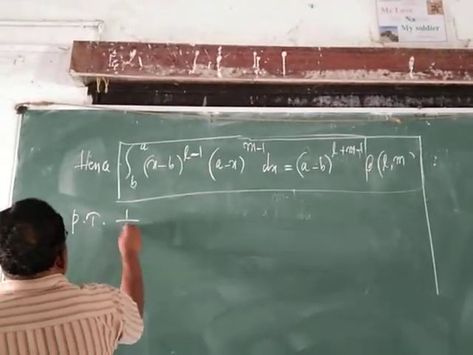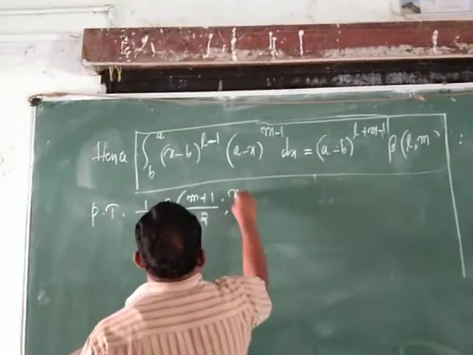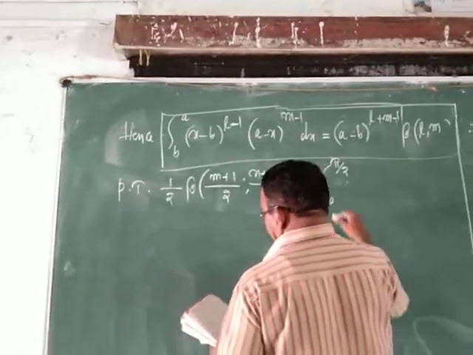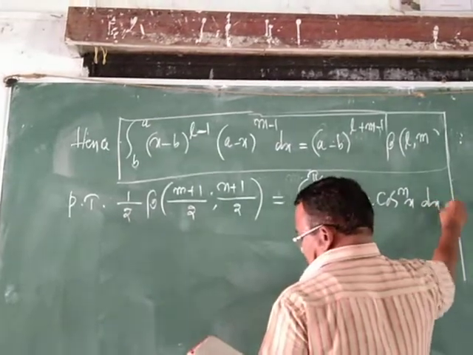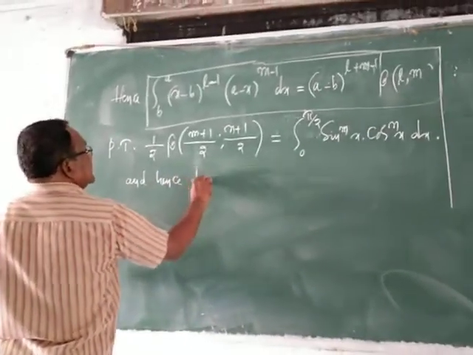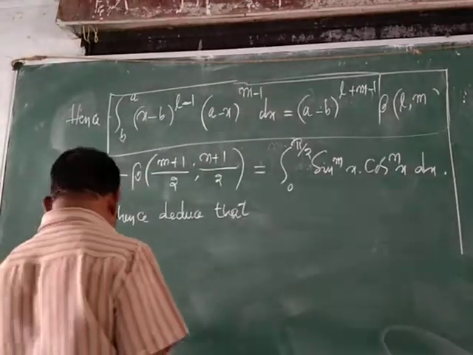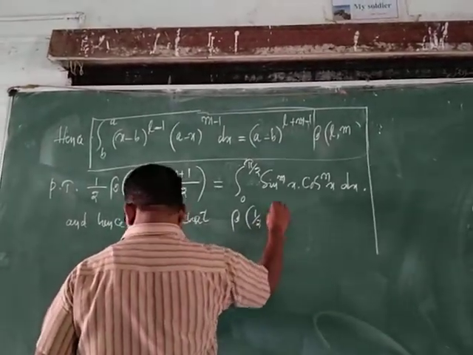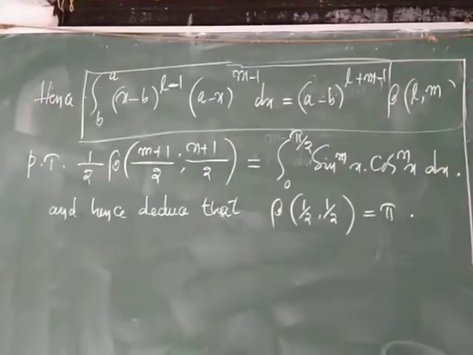Prove that half times beta of m plus 1 by 2 comma n plus 1 by 2 is equal to integral from 0 to pi by 2 of sin to the power m x into cos to the power n x dx, and hence deduce that beta half comma half is equal to pi.